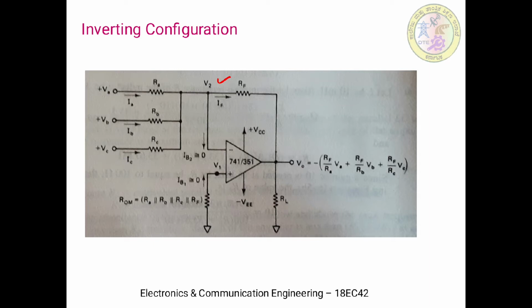When you apply the KCL at node V2, the sum of IA, IB and IC will be equal to the sum of IB and IF. So applying KCL at node V2, IA plus IB plus IC will be equal to IB plus IF. Let us take this KCL as equation 1.